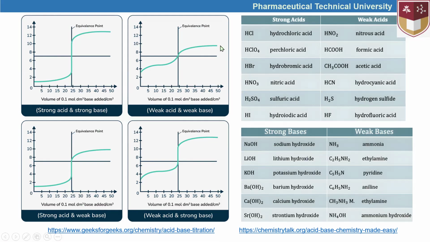And then here we can see the linear change. So between weak acid and weak bases, we may not observe this kind of skips as can be observed between strong acid and strong bases. So these are the pointers that we have to take into consideration while we are titrating the examples.